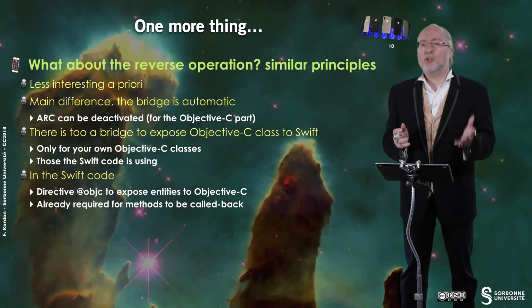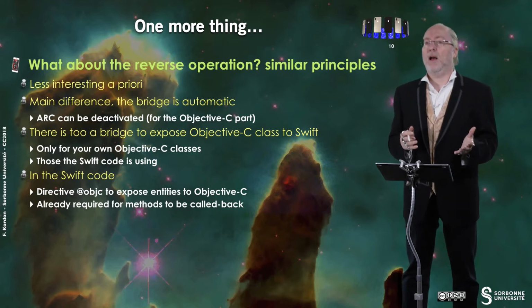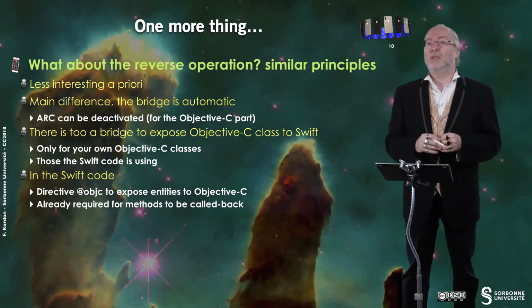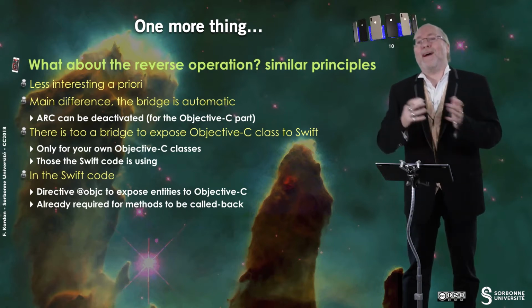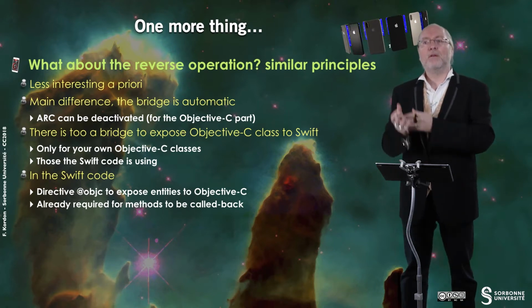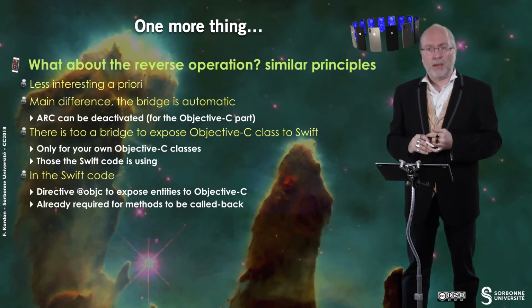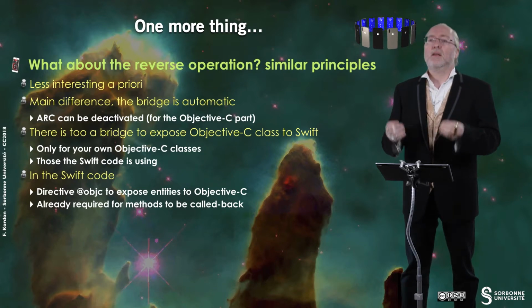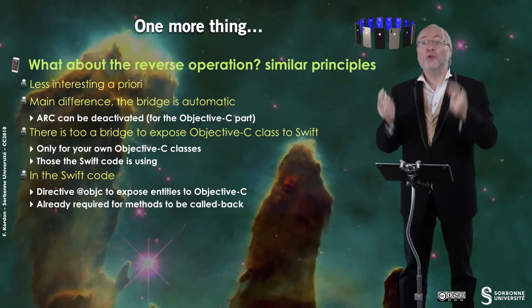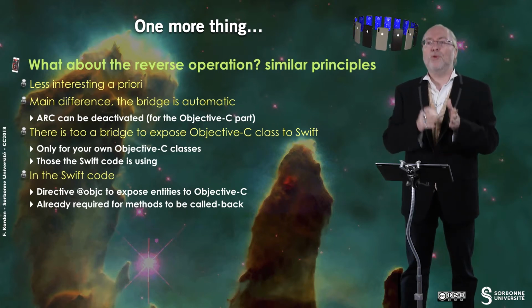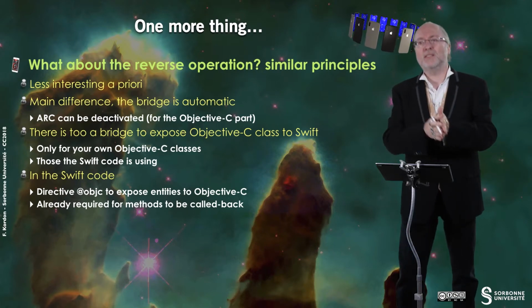There is a main difference: the bridge from Swift to Objective-C is automatic. I will explain how you can make it automatic. Of course, in a Swift project you cannot deactivate ARC, while you can in an Objective-C project, but ARC will still be there for the Swift part. But you may need a bridge to expose other Objective-C classes to Swift.